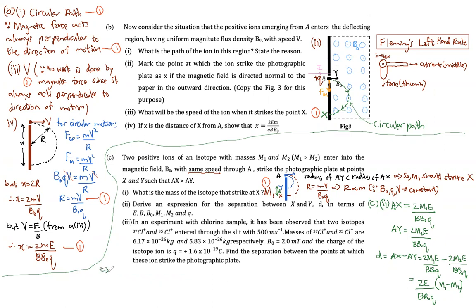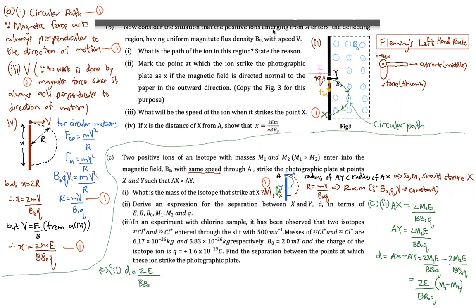So we have already derived an equation: D is equal to 2E over B naught Q, within bracket M1 minus M2.